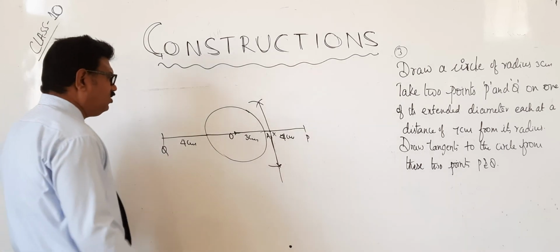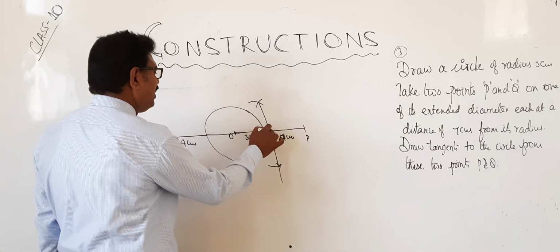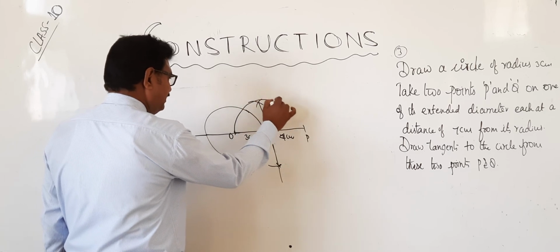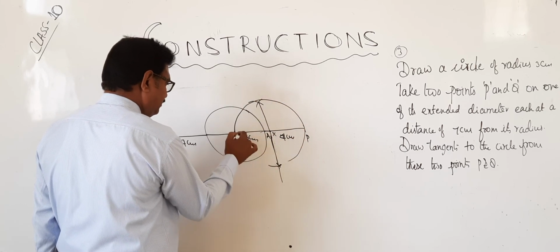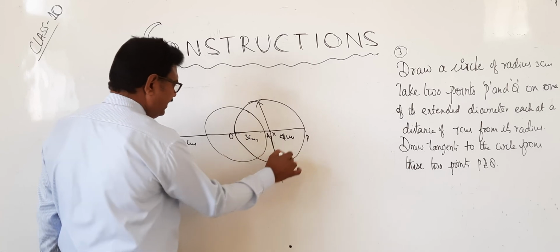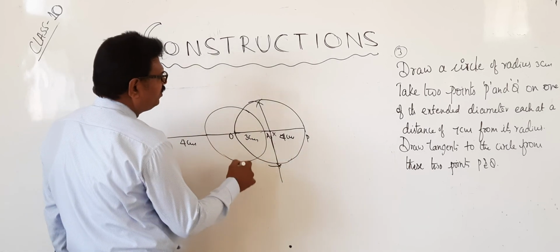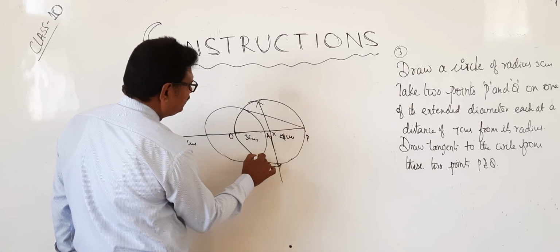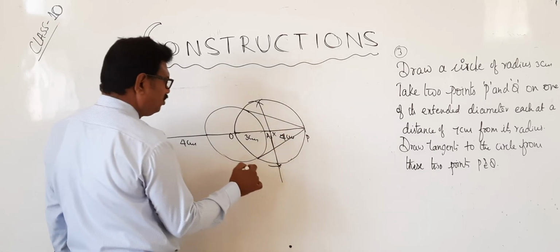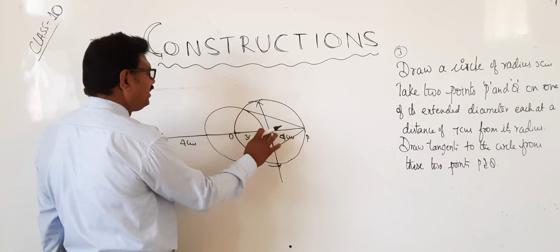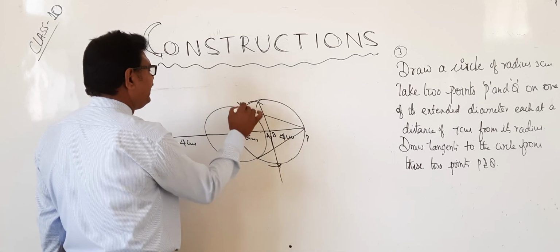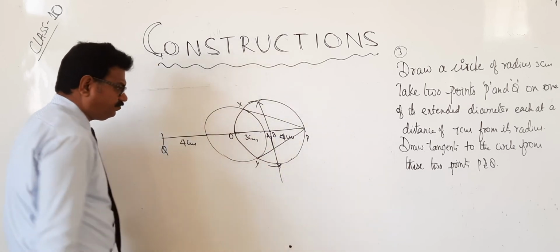Now draw the circle by taking X as center. Now join this. Where the circle is touching, you join them. Then it is nothing but, for example, if it is B, it is X and it is Y.